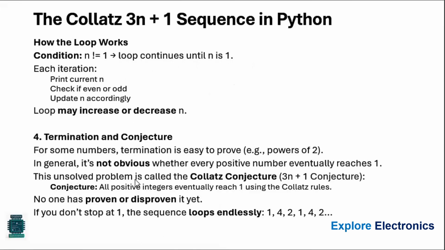This unsolved problem is called the Collatz conjecture, that is, the 3n plus 1 conjecture. The conjecture means all positive integers eventually reach 1 using the Collatz rule.